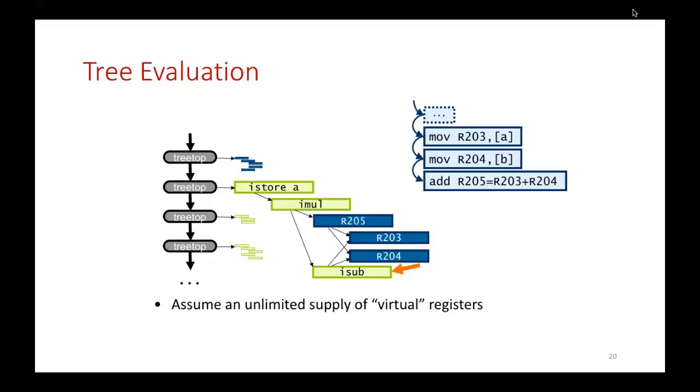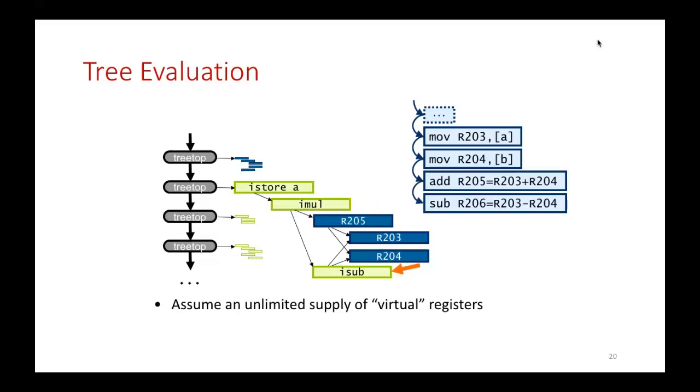We now get up to the IML, which hasn't evaluated its subtract child yet, so that's what we do here. You can see by the arrows that the children of the subtract are already 203 and 204. We don't have to reevaluate those nodes because they've already been evaluated into a virtual register.